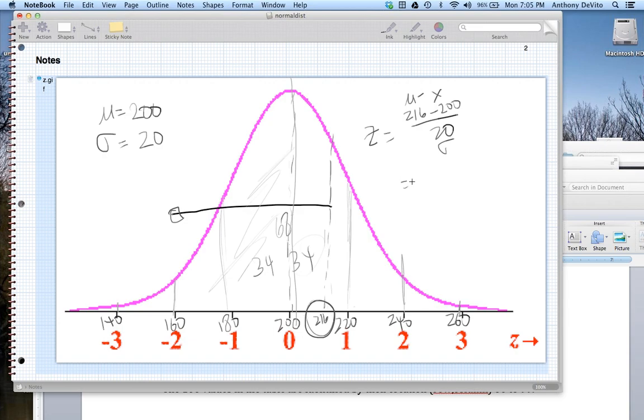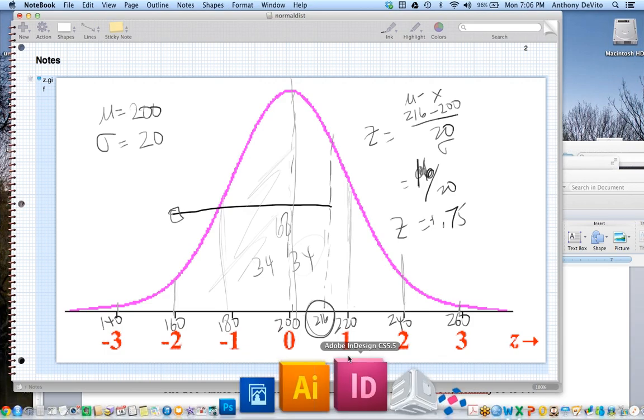What does it come out to? Not 4 over 20, but 16 over 20, right? 16 over 20 is 3/4 or 0.75. So the z-score is a positive 0.75.